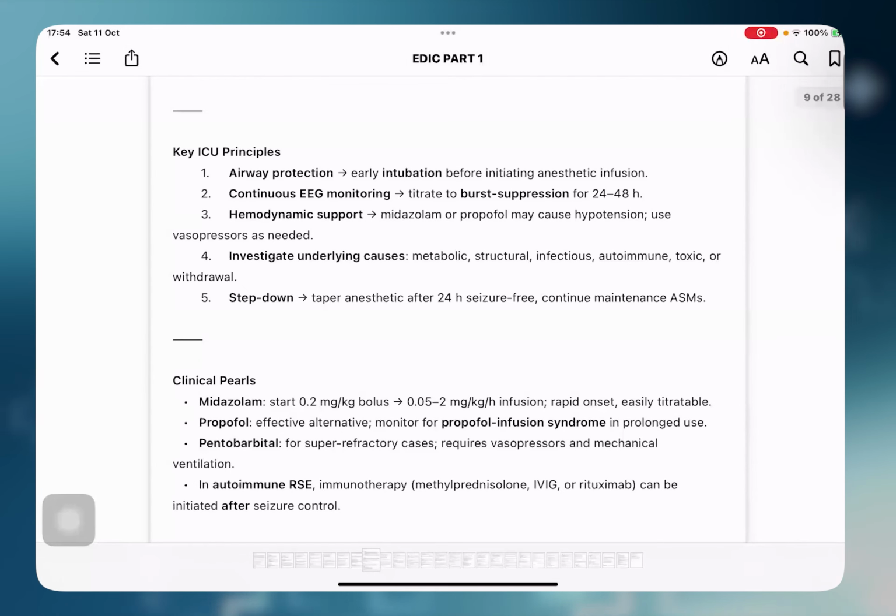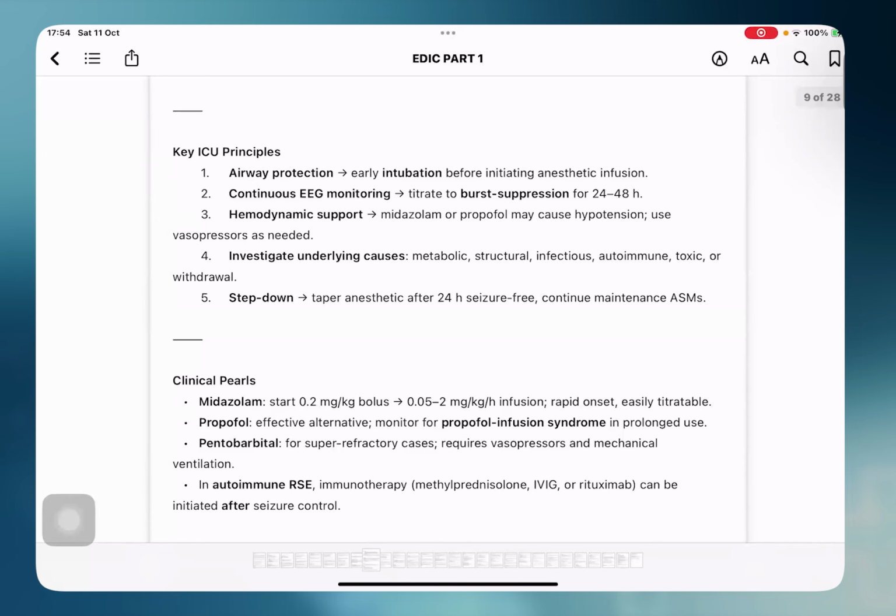So the key ICU principles are: number one is airway protection. Second is EEG monitoring, which is a continuous one. We need to see it if you are treating a patient of refractory status epilepticus. It is a mandatory thing. Then is hemodynamic support, because all these drugs, these sedatives and anti-epileptic drugs, can cause hemodynamic instability, so you might require vasopressors as and when needed.